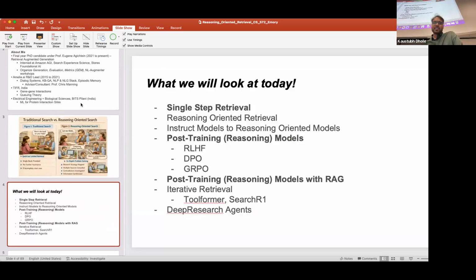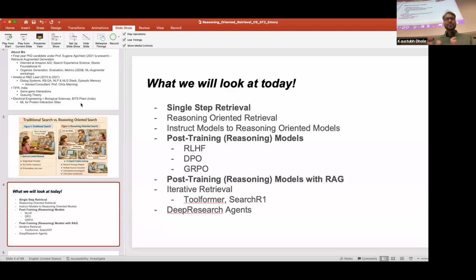In order to do that, we look at multiple directions. First, we look at single-step retrieval, and then we'll move on to reasoning-oriented retrieval. To understand that, it is also important to understand how reasoning is used without retrieval, in the non-RAG setting, where you simply ask a query and the model returns an answer.